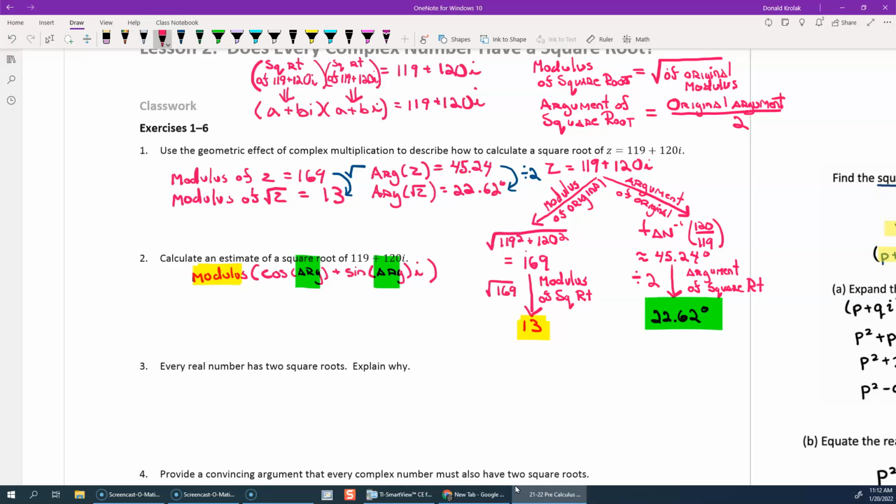Okay, so we're going to have 13, and this is going to be cosine 22.62 plus sine 22.62 i.